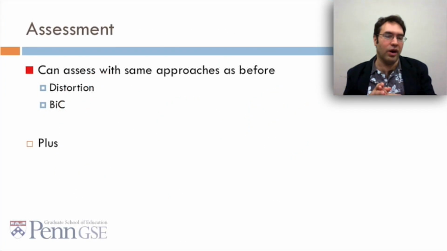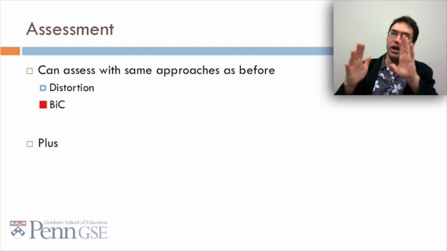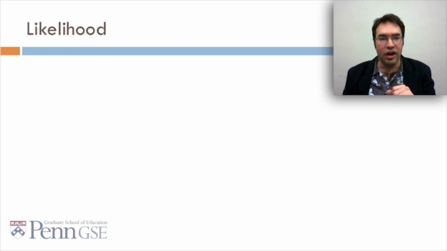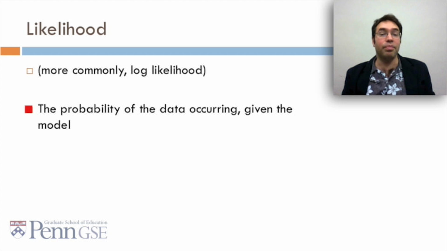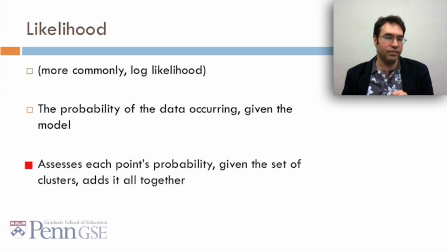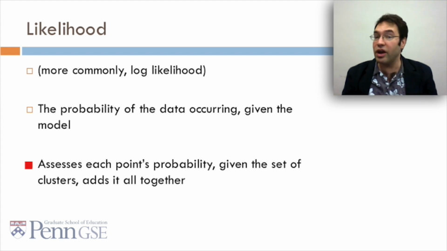Now, Gaussian mixture models can be assessed with the same approaches as before, distortion, BIC, AIC, plus likelihood, more commonly log likelihood, which is the probability of the data occurring given the model. Or in other words, the probability of each point being there given these centroids and their radii. And it assesses each point's probability given the set of clusters, given the centroids and the radii, and adds it all together.